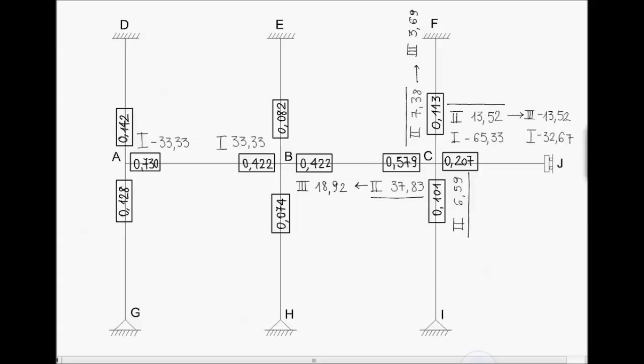We have balanced node C. Then we move to node B, which is unbalanced because of the presence of a first bending moment equal to 33.33, and also because of the presence of the third moments coming from node C, so 18.92. We have to sum up these contributions and distribute the resultant according to the distribution factors.